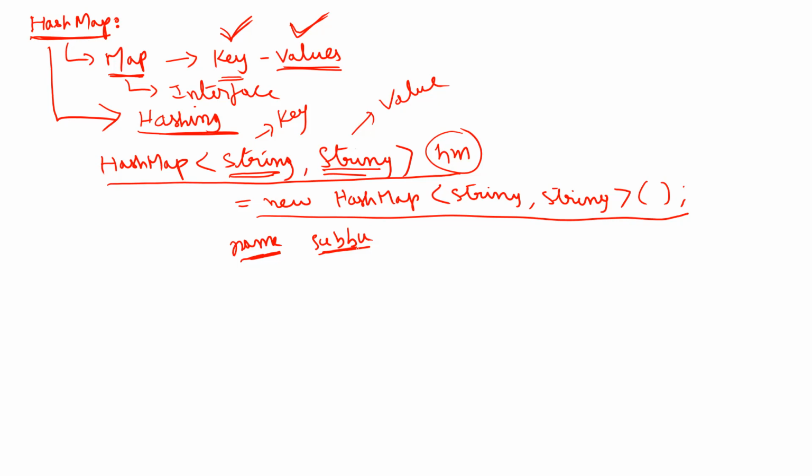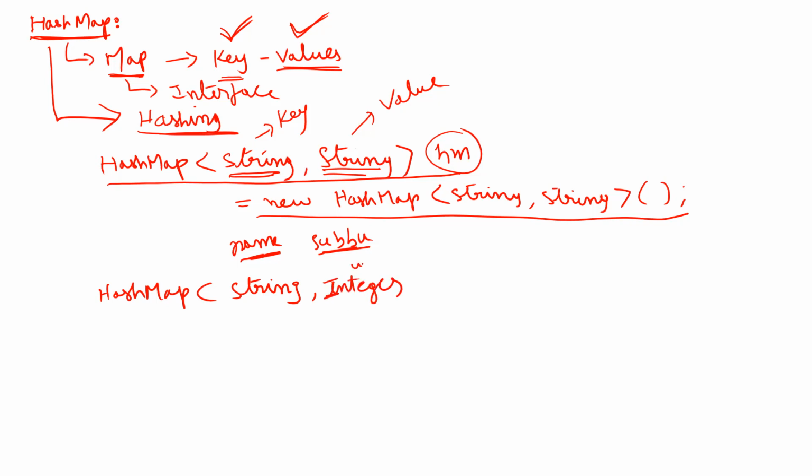Now let's say I want to create a hash map that stores the IDs. So IDs can be integers. So what we can do is HashMap, and here the ID we can say as String, and the actual ID value we can say as Integer.